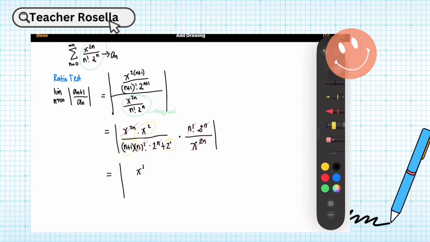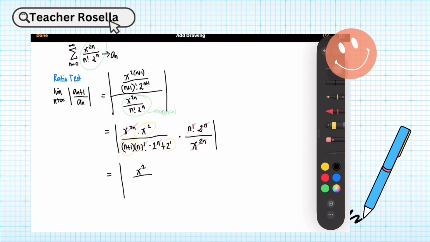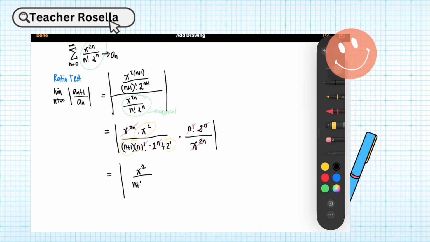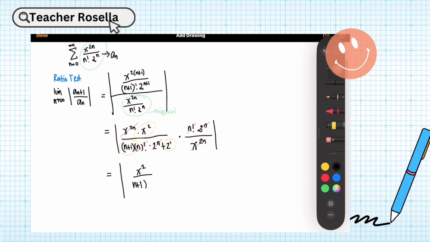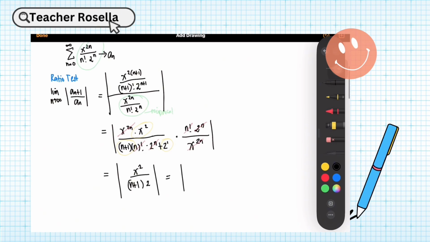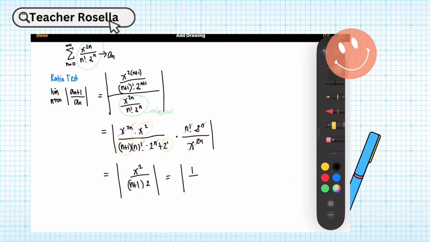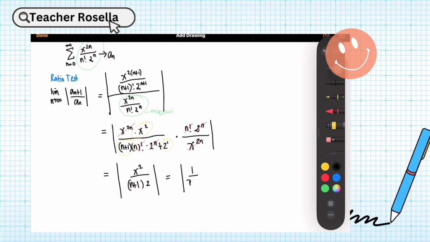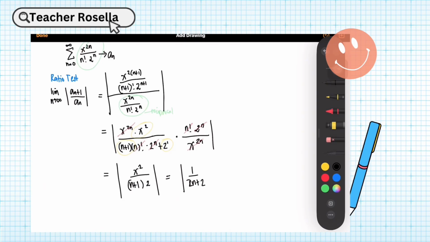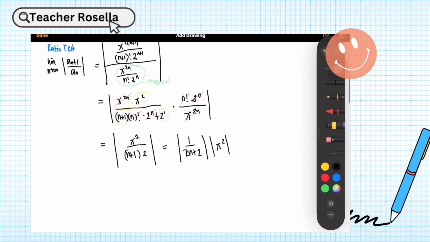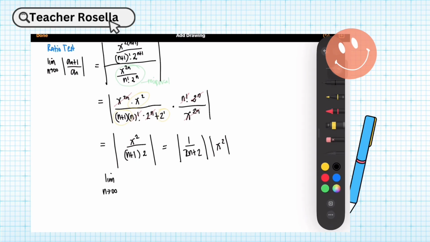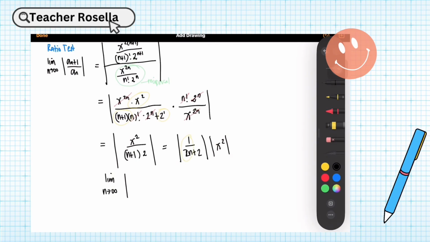So now, let's rewrite the remaining equation. We have the absolute value of x squared over (n + 1) times 2. Now, we can simplify (n + 1) times 2. So we have 1 over (2n + 2) times the absolute value of x squared. After that, we can get the limit as n approaches infinity.